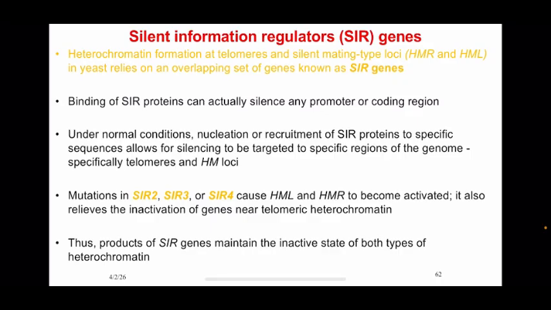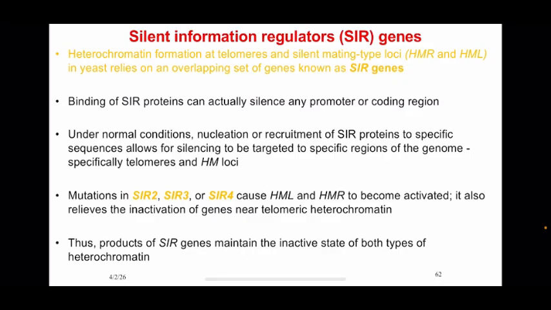So we actually know the SIR proteins to be silencers, right? So if there is any mutation in the SIR proteins, obviously they are not going to perform their functions. So it's going to be the opposite of whatever they do that is going to happen.